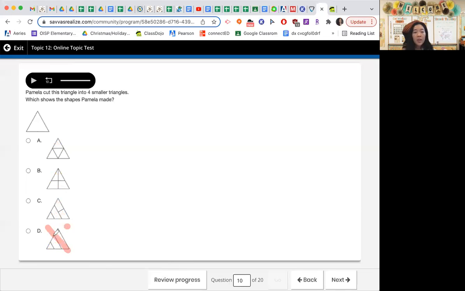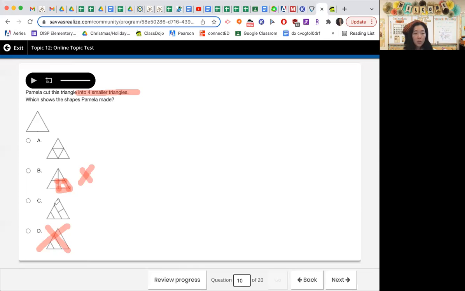Now, some of them are not triangles, and it says 4 smaller triangles. Now let's look at B. How many sides does this shape have right here, Nicholas? 1, 2, 3, 4. So it can't be B, because if there's 4 vertices, if there's 4 points, is that going to be a triangle?